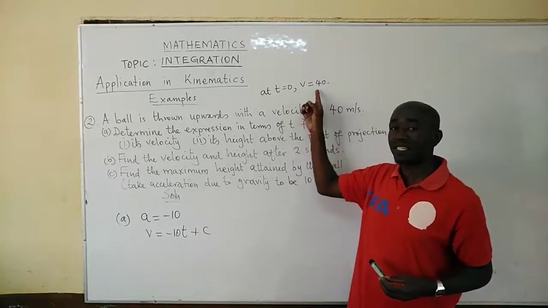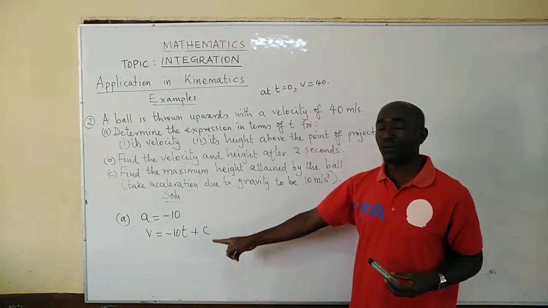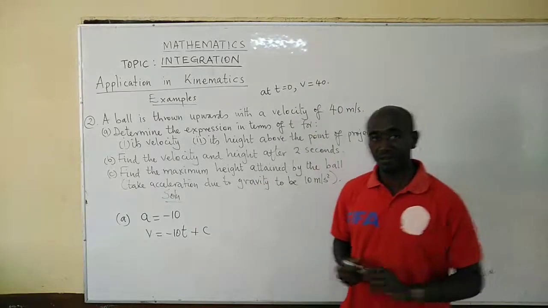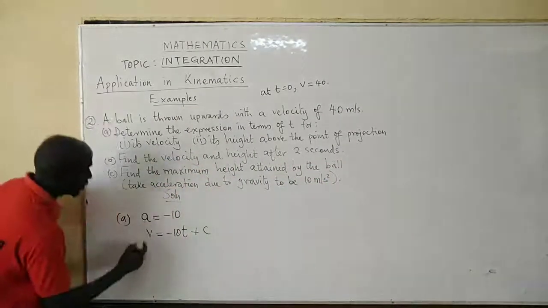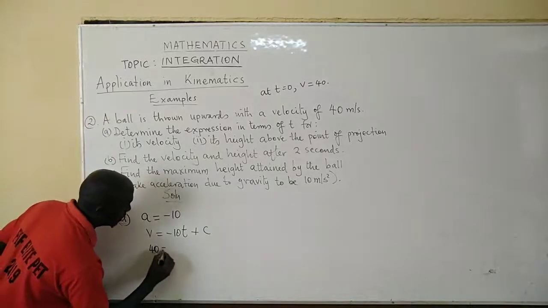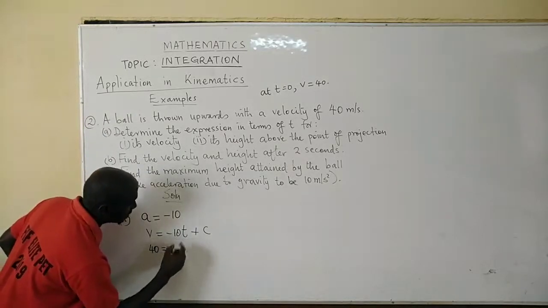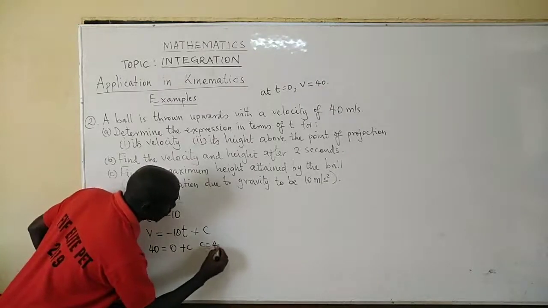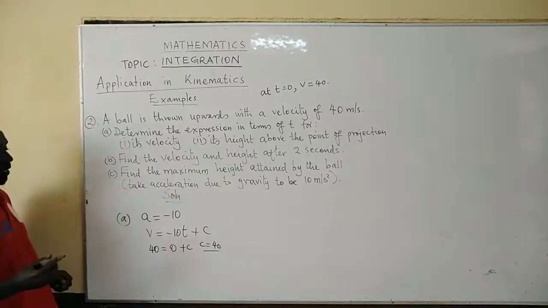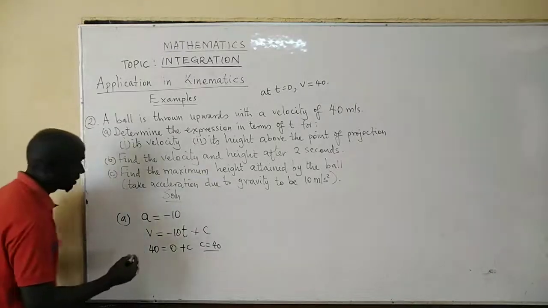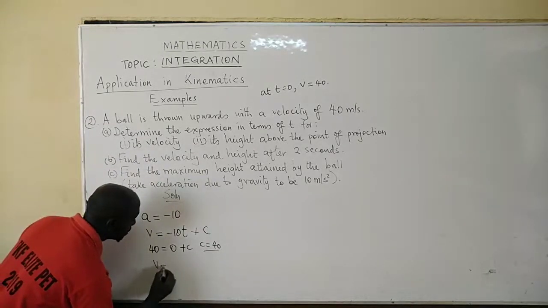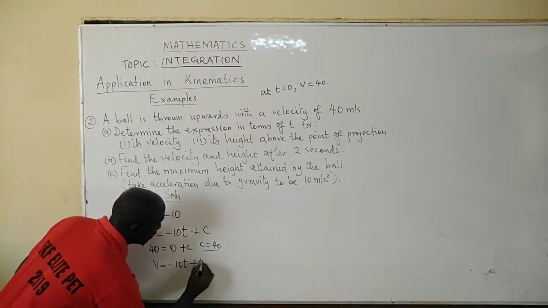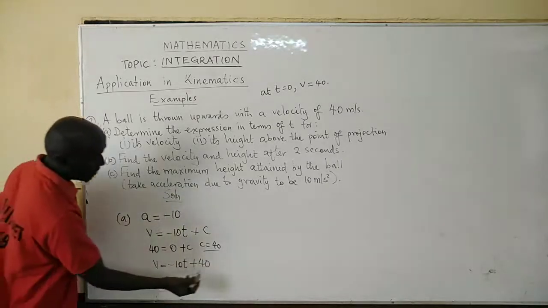Therefore, we just replace t with 0 and v with 40 in order to get the value of c. Let's do that, my dear Anna. So v is 40 equals negative 10 times 0, that is 0 plus c. Therefore, c is equal to 40. Therefore, our expression for v becomes v equals negative 10t plus 40, because we have the value of c now.